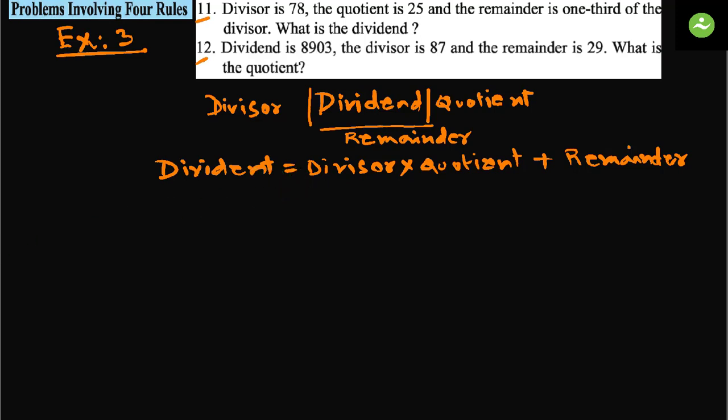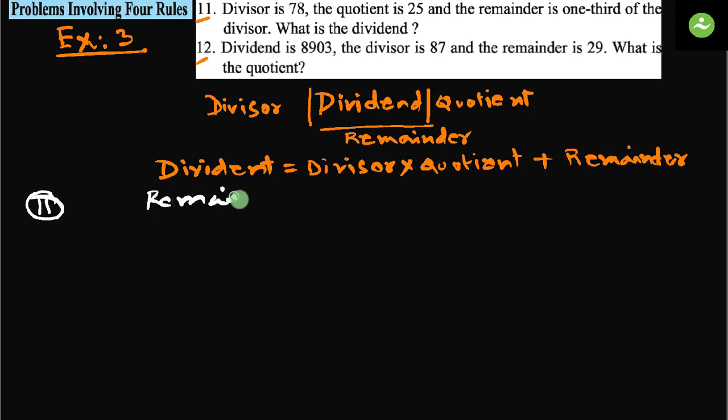Okay, let us solve question number 11. Divisor 78, quotient 25, and remainder is 1/3 of the divisor. Can we find the remainder first? Yes, we can.